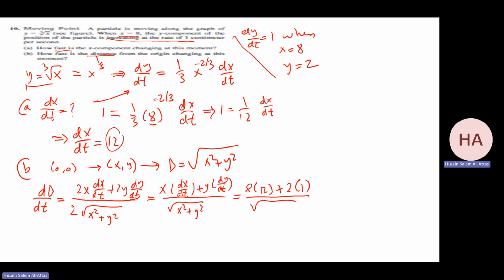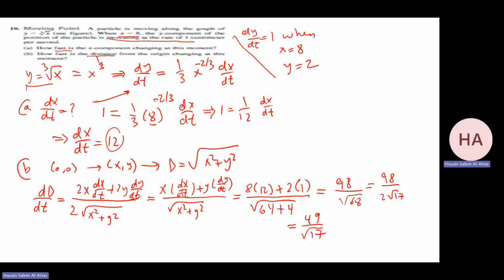Calculation only: 8 squared, 64, plus 2 squared, 4. And that gives me what? 8 times 12, 96, plus 2, 98 over square root of 68, which is root 17 times 2, so 98 over 2 root 17 gives me 49 over square root of 17. And that is the answer.